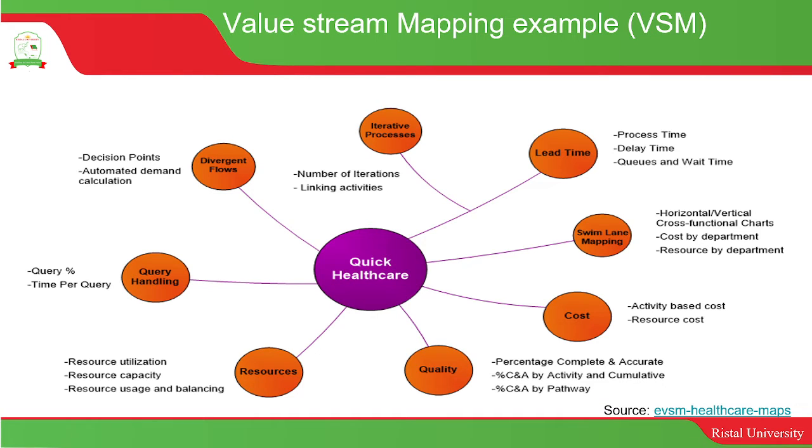Let's look at this diagram that is trying to illustrate the value stream mapping example. Here at the center we have quick healthcare. Our aim is to provide healthcare as quickly as we can to our clients. But for us to achieve this, many factors come into play.